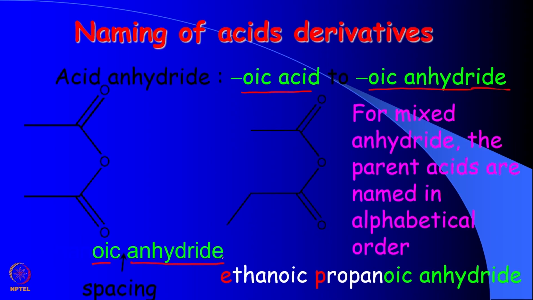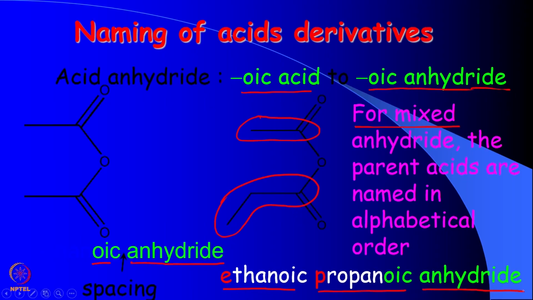As I indicated in the previous slide, there may be a mixture of acids which can give you a different anhydride. When you have a mixed anhydride, the parent acids are named in alphabetical order. The parent acid here is ethanoic acid. In this case, the parent acid is propanoic acid. So, the name that we identify for this type of molecule is ethanoic propanoic anhydride.